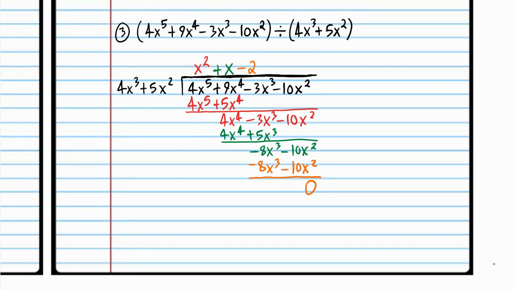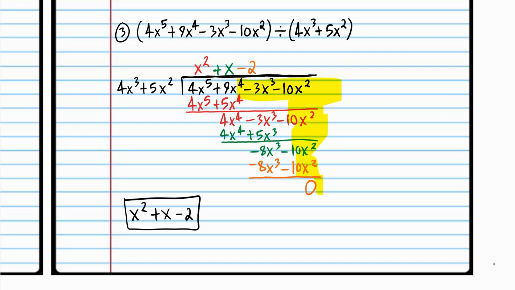So now down here we're going to write the final answer, which is of course this yellow expression here, x squared plus x minus 2. Again, all the problems that we're going to be doing now have a remainder of 0. We'll get into problems that don't have a remainder of 0 later on in the class. And we don't really have any more numbers here, so we can't keep going.